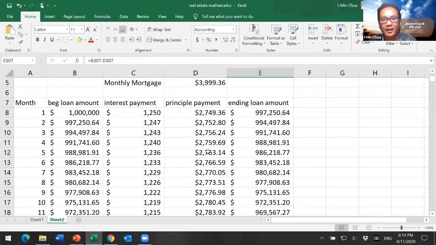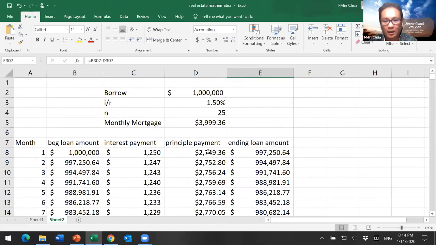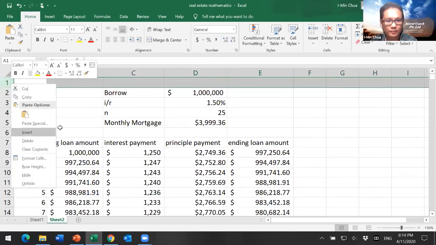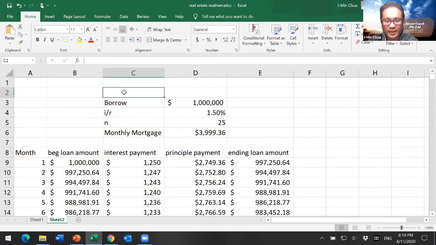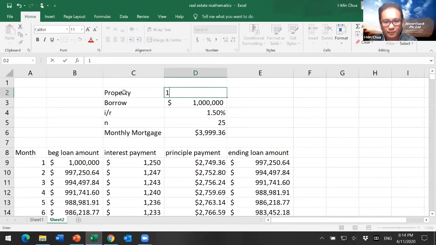Or put it this way, maybe I make it clearer to you. Let's say, for example, assuming that you sell the property 10 years later. I need to have a property value. Let's say the property is 1.2 million.